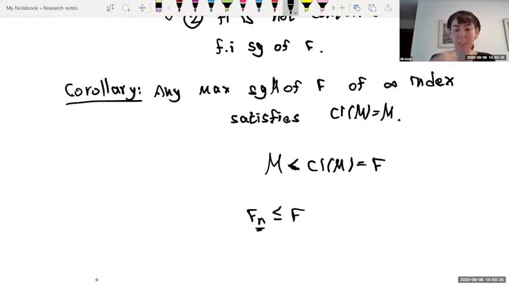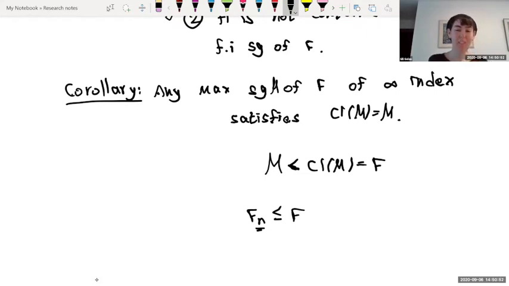Essentially what we showed is that if you start with a finitely generated group, then the core is also going to be finitely generated, and so it's going to have a finite core. The interesting question, which is still open, is whether when you have a group with a finite core, it has to be finitely generated. I do not have an answer for that.